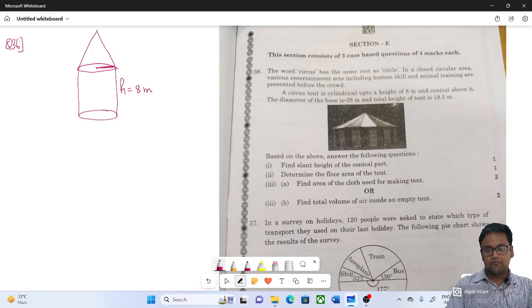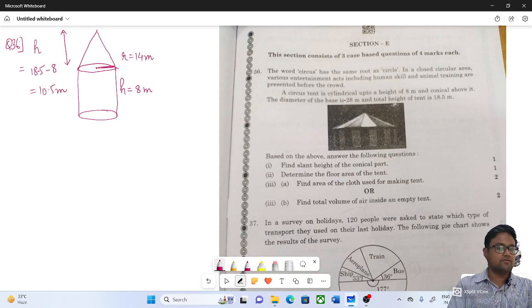The diameter of the base is 28, so the radius is 14 meters, and the total height of the tent is 18.5. So I can calculate the height of the cone by subtracting the height of the cylinder from the height of the entire structure, and I am going to get 10.5 meters. So that is the height of the cone, H1.